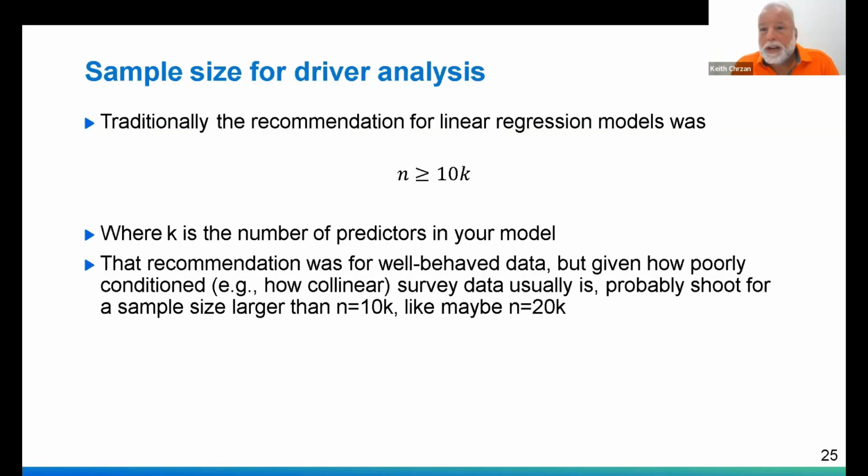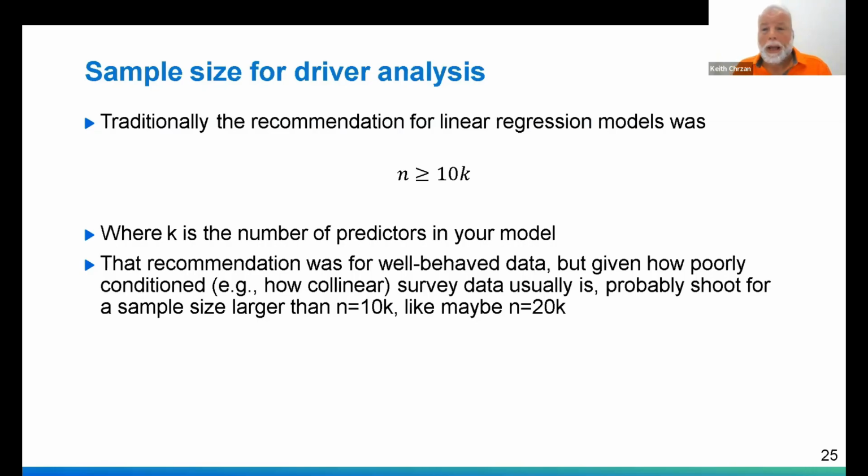And here the traditional recommendation for linear regression models is we'd like to have 10 times as many respondents as we have potential drivers, or K. K is the number of predictors in our model. When I went back and reviewed the literature, that was a recommendation for statistically well-behaved data.